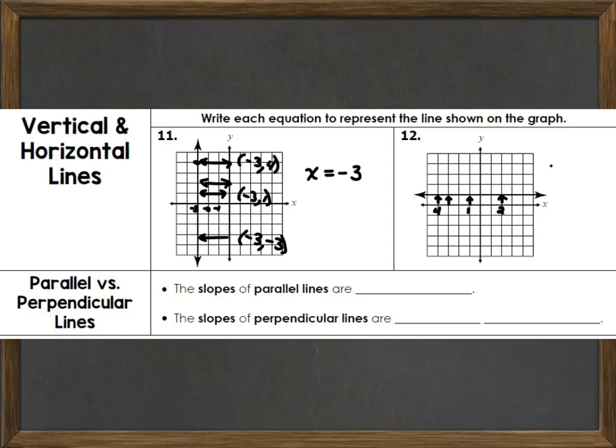So the equation for this line is y equals 1. So a horizontal line is a y equals line. A vertical line is an x equals line.